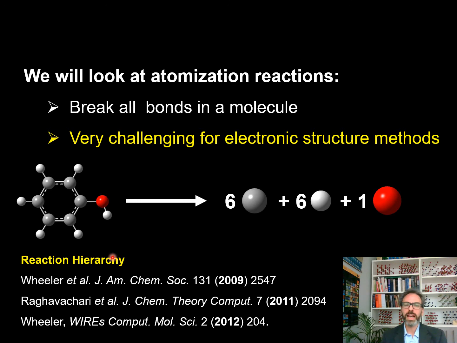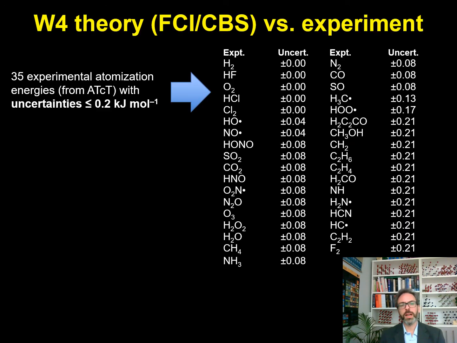And the target accuracy of post-CCSD(T) composite methods is plus or minus 1 kilojoule per mole. So this is quite remarkable. We would like to calculate an energy that can exceed 5,000 kilojoules per mole with a target accuracy of only 1 kilojoule per mole. Okay, so let's see how we go.